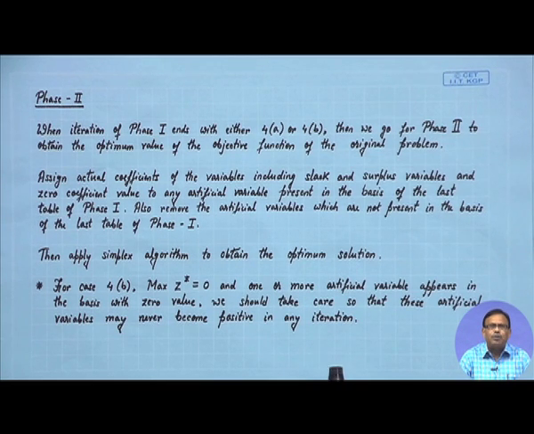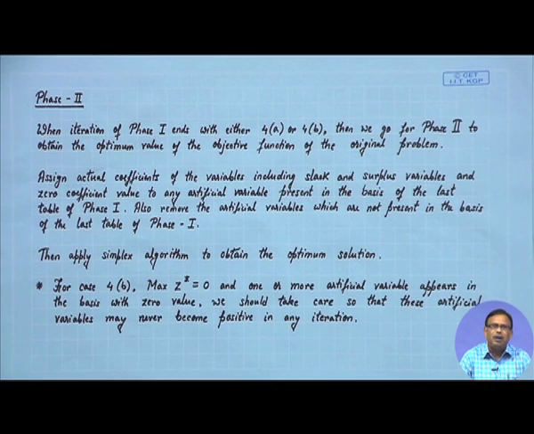That means columns of the artificial variables not present in the basis will be removed. So, any artificial variable will be present in the table only if it is present in the basis of the last simplex table of phase 1. And then you apply the simplex algorithm as usual to obtain the optimum solution.